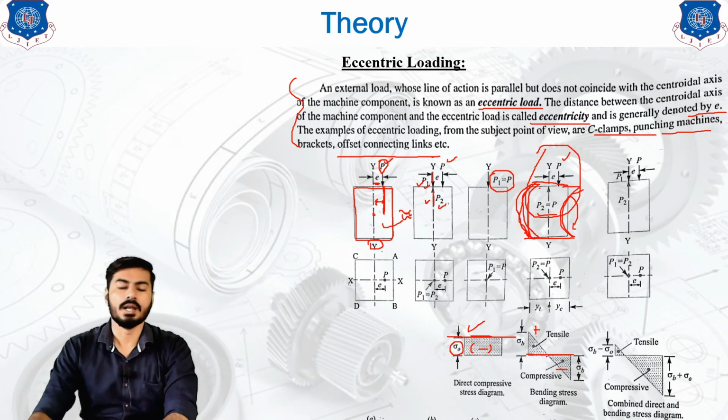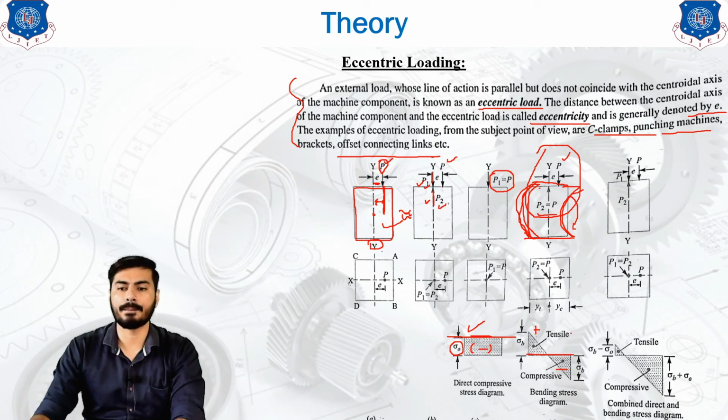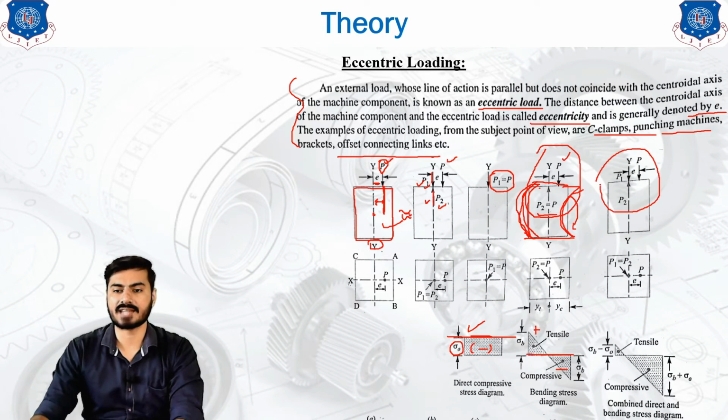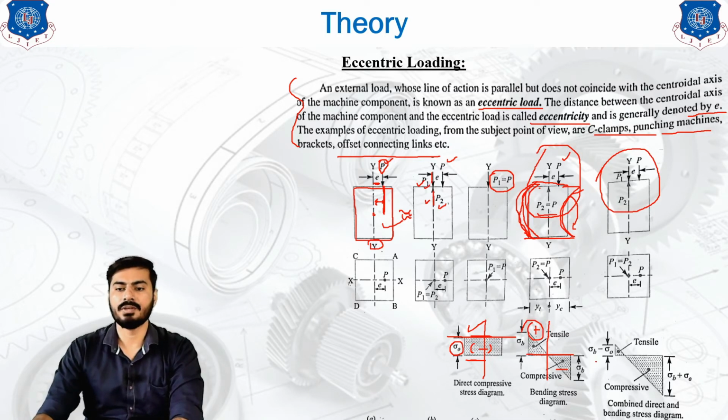Now we are going to combine the effect of the couple and the axial load. If we combine them in this diagram, then in this half portion, the left side diagram represents a negative stress, and this diagram represents a positive stress, and the algebraic sum will be represented by sigma b minus sigma 0, shown on the upper side.